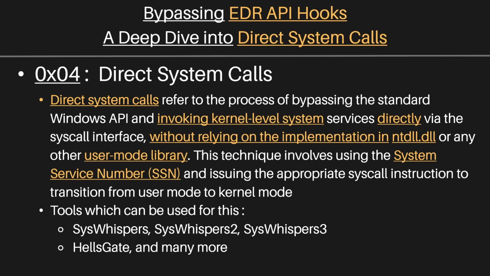Okay, so direct system calls refer to the process of bypassing the standard Windows API and invoking kernel level system services directly via the syscall interface without relying on the implementation in ntdll.dll or any other user mode library. This technique involves the usage of system service numbers and issuing the appropriate syscall instruction to transition from the user mode to the kernel mode.